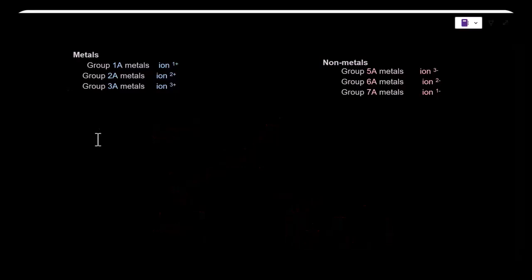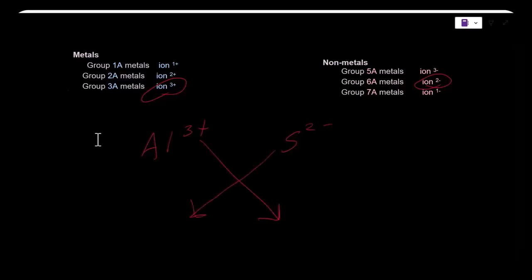Another example would be if we went to the third group with aluminum, where it has a positive charge of 3, and we went to the sixth group with a sulfide ion with a negative charge of 2, we could simply crisscross the charges. So it would be aluminum, then put 2, and then S for sulfur, put the positive charge of 3 on the aluminum as a subscript on sulfur, subscript of 3.